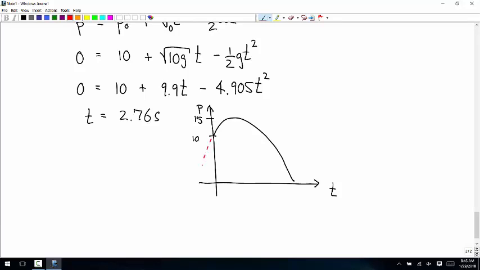But mathematically, there's also this stuff going on that never actually happened, and this is your second root. This is the one we want. Any questions?